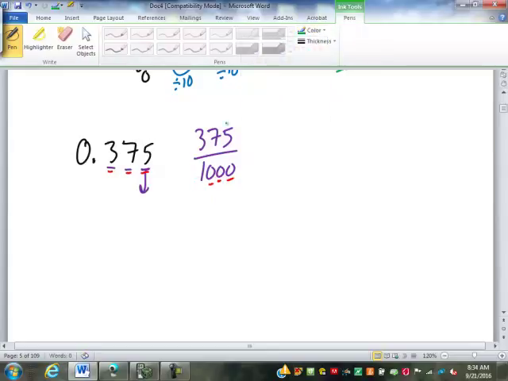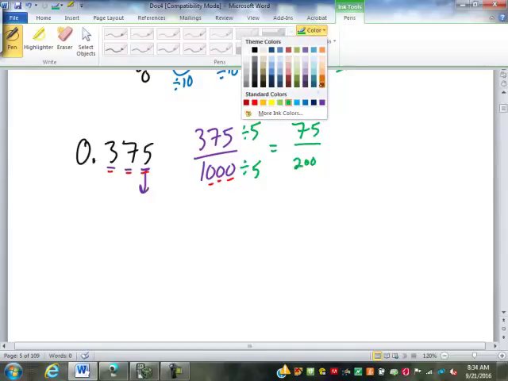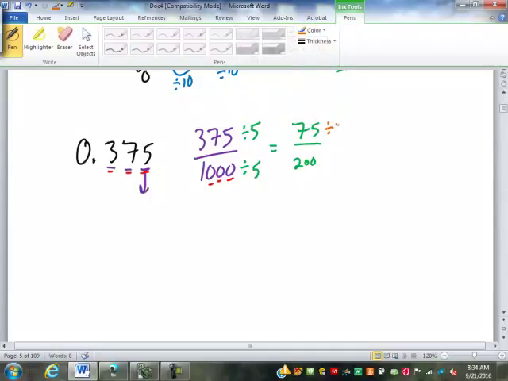So now, of course, we would want to reduce. Both of those can be divided by what? 5, which is going to give me 75 over 200. And both of those can be divided by 5 or 25. Let's do 25. What the heck? Gives us 3/8.